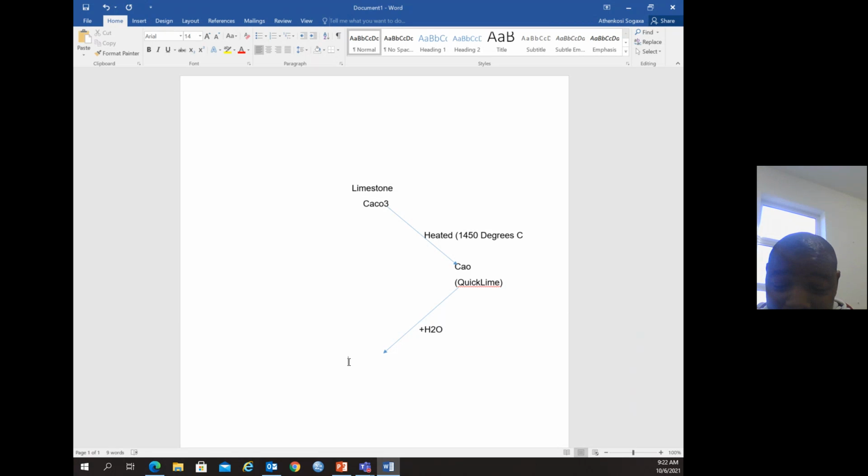Therefore, you get the slaked lime, which is calcium hydroxide, Ca(OH)2. Because there is an addition of water, you have that OH, and the 2 needs to go a little below.